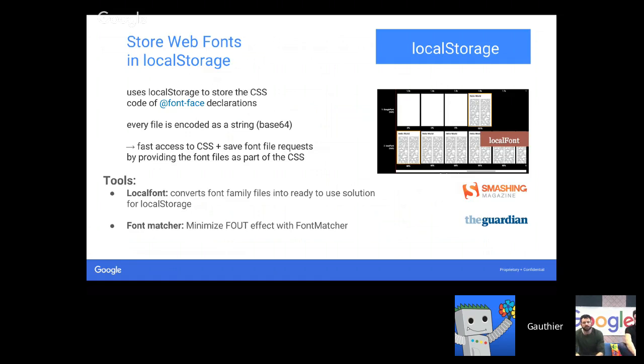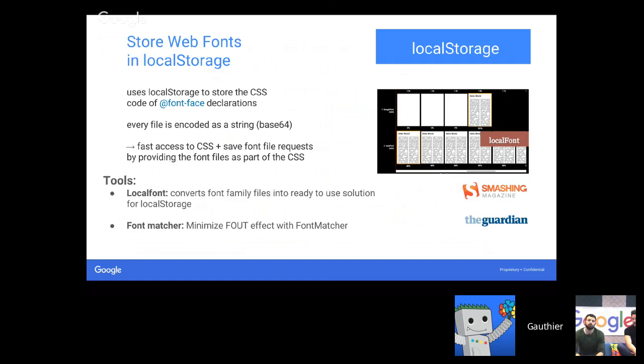We see a system font for a short time, then a switch from the system font to the web font that is now stored in local storage. And then for any further visit, we have the particular font that you've been choosing and encoding ready for the user in local storage.